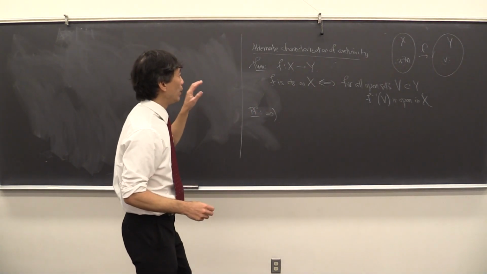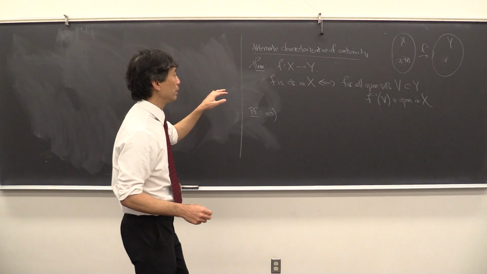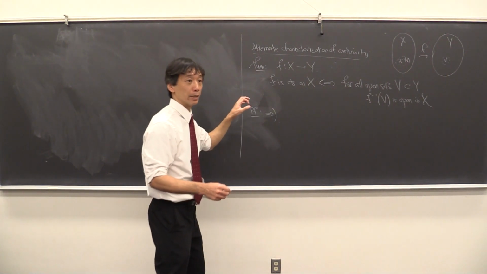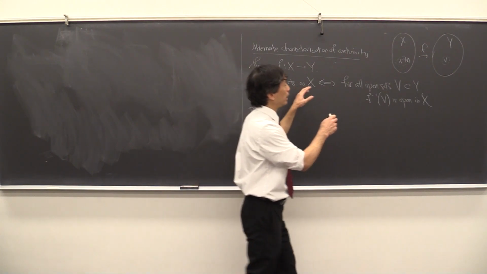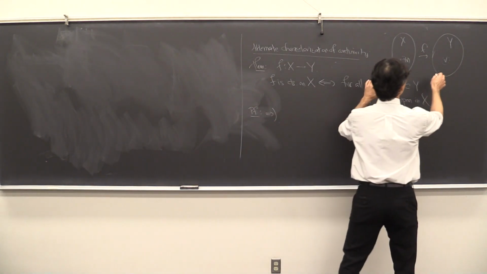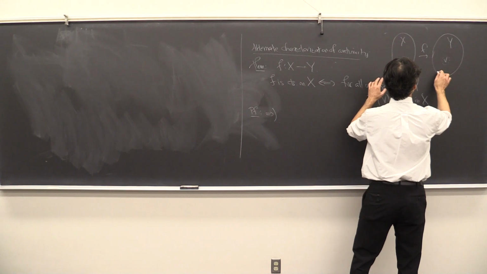Suppose f is continuous on X. That means that you're continuous at every single point.